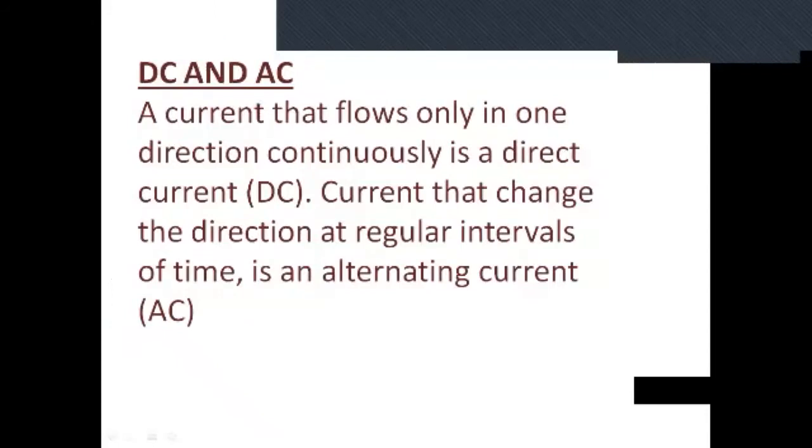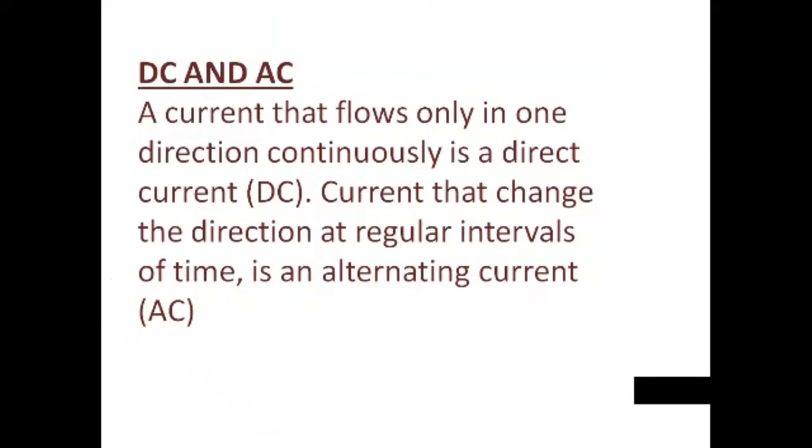DC and AC: direct current is DC and alternating current is AC, so we say DC and AC in short form. A current that flows only in one direction continuously is direct current. A current that changes direction at regular intervals of time is an alternating current.